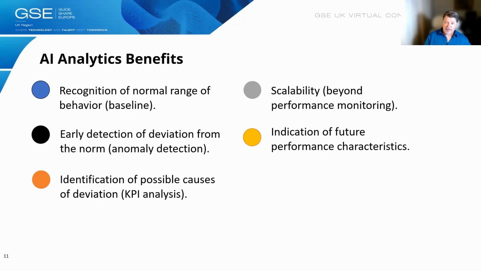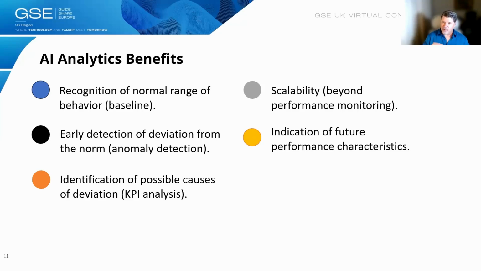We're also going to be able to detect that early deviation from normal, so we can start to see an inflection point, and perhaps any of those KPIs that we're looking at, whether response time is now starting to suddenly grow. What's going on? It'll give us an indicator that we need to look at something.